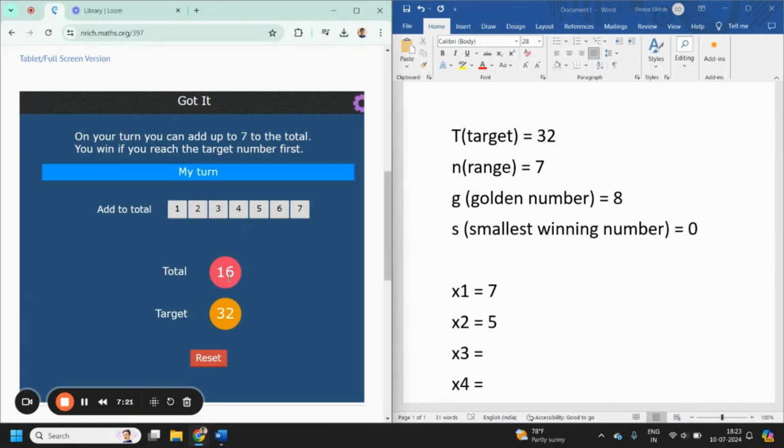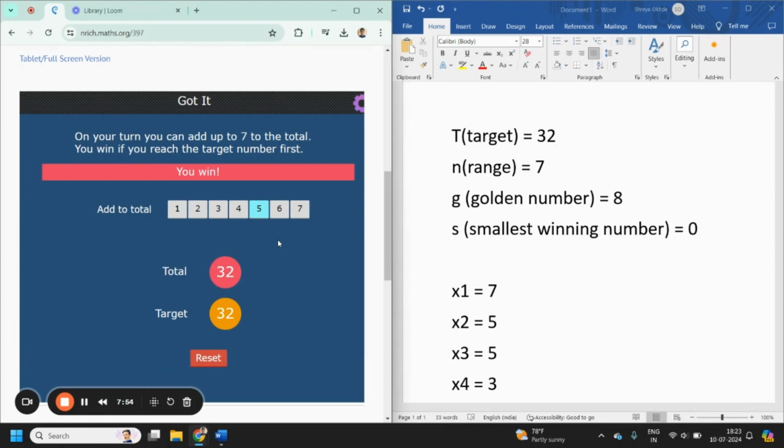As you can see, all the numbers we are landing on are multiples of G, which is 8. And that makes sense because we need to reach a multiple of 8. Again, I'm going to play 8 minus 3, which is 5. And yes, I won.